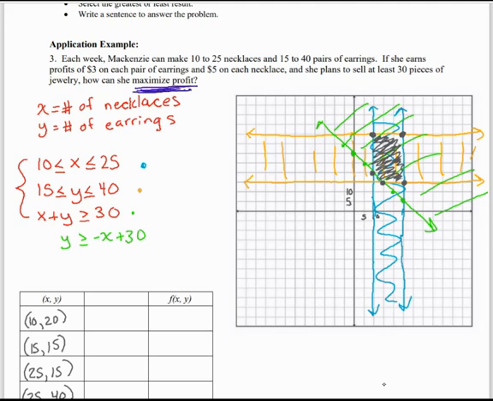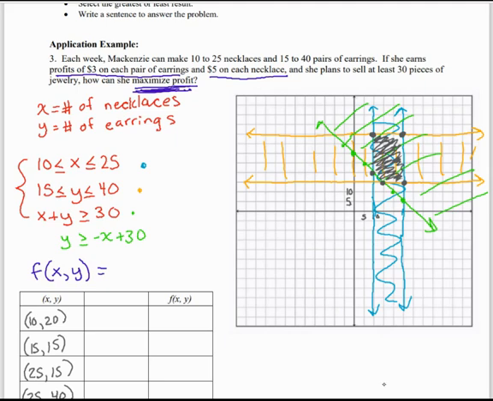So how do I determine profit of these products? Well, I'm making $3 on earrings and 5 on necklaces. So my function, which we call function X and Y here, right? We're looking for both what's the maximization using my X and my Y, is going to be that I get $3 for earrings and $5 for necklaces.